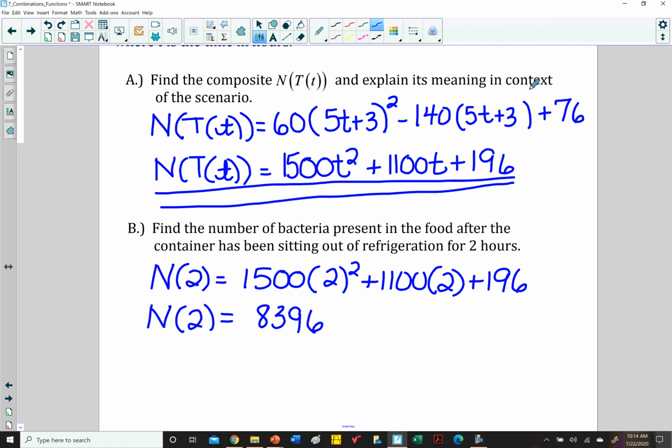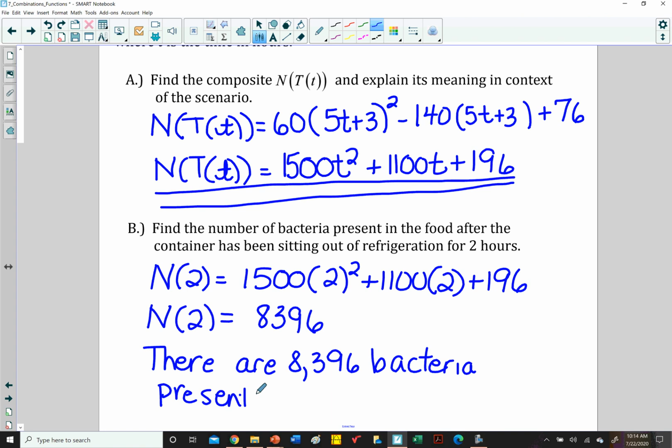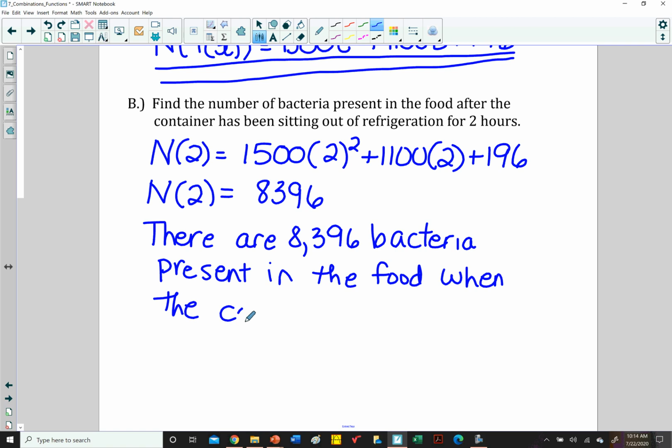And then we can say in context, this means that there are 8,396 bacteria present in the food in the container that has been out after 2 hours.